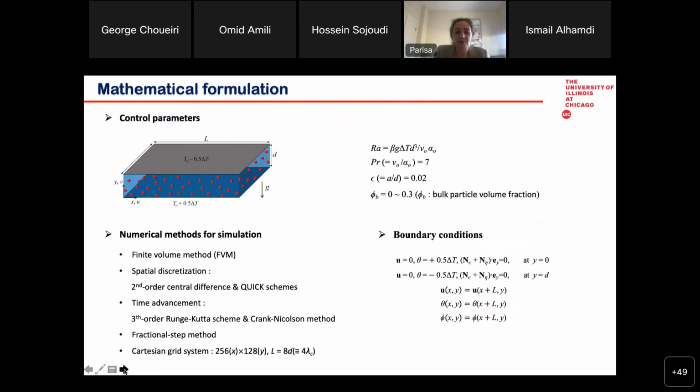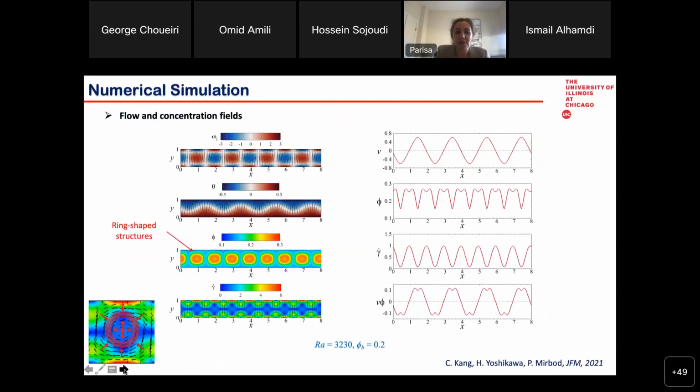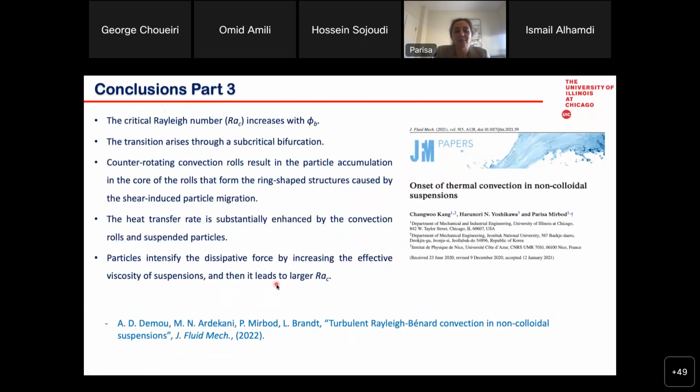I just ignore showing all of that, and perhaps jump to the conclusion: when we have two plates, which is the phenomenon of Rayleigh-Benard convection, one of them is cold and the other is hot.